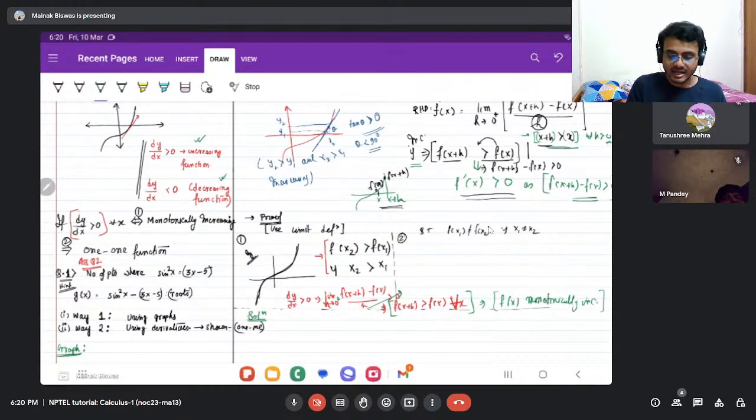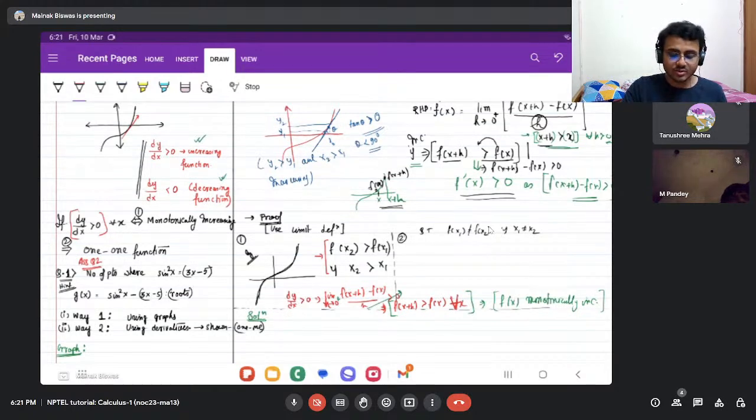If I write x plus h as x2, then x2 plus h will again give a greater value than f of x2. You can go on that way by an inductive approach, and show that for all x the value of the function at the next number is greater. So you have an increasing sequence. That's why it is called a monotonically increasing function.